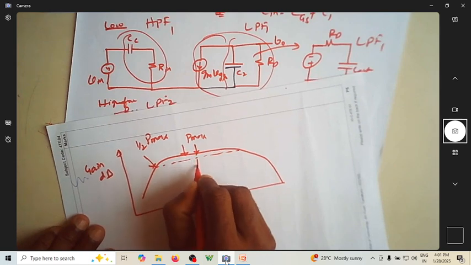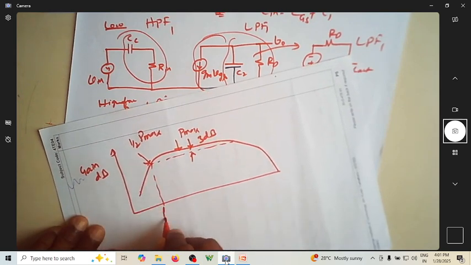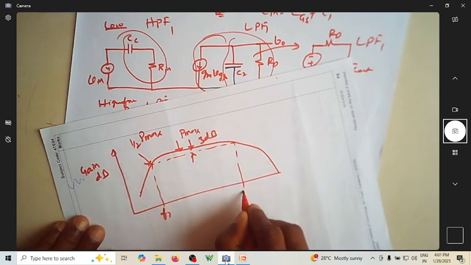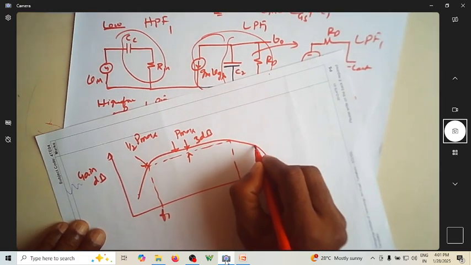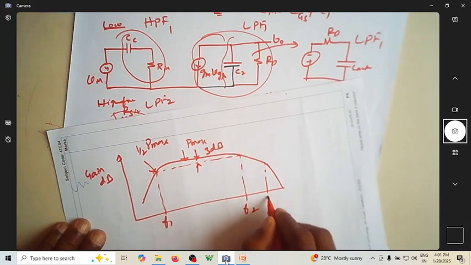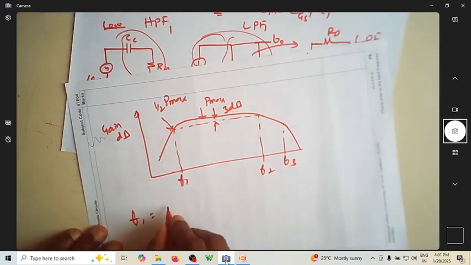So this is the 3 dB difference. This is F1 and this is F2, and you have one more change in slope here. You can see the slope was like this and it has changed to this. So this is F3, and F1 is naturally the high pass filter 1.